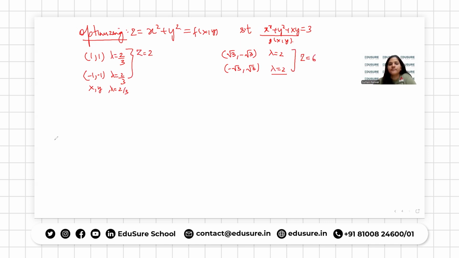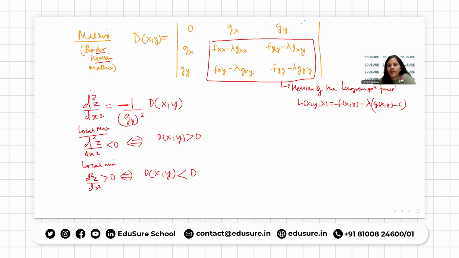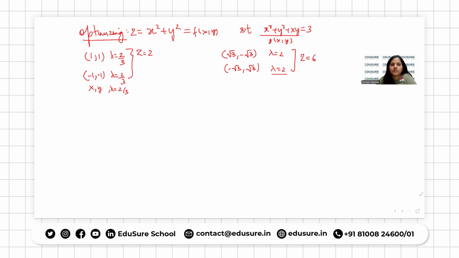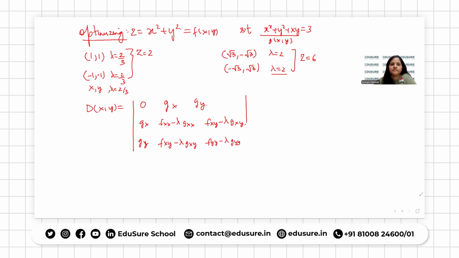So we can check for one of the points. Let's see. So this is our matrix. First of all, we will make D of xy. So D of xy will be 0, gx, gy; gx, fxx minus lambda gxx, fxy minus lambda gxy; gy, fxy minus lambda gxy, fyy minus lambda gyy.